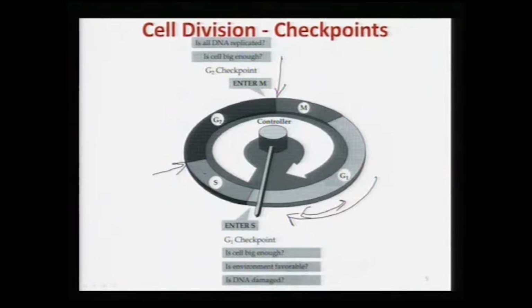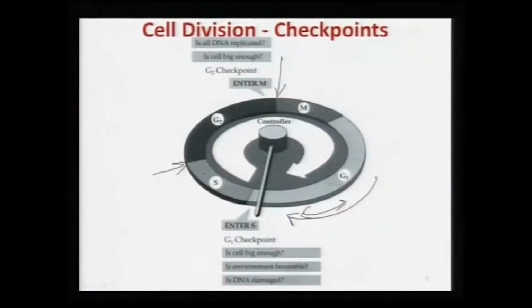You understand what I am saying? It is all a unidirectional process. If it is not able to enter from S to G2, from the S phase itself it will activate the suicidal program to undergo apoptosis. If it goes to G2 and is not able to enter M, it cannot come back to S, because this is a unidirectional process.